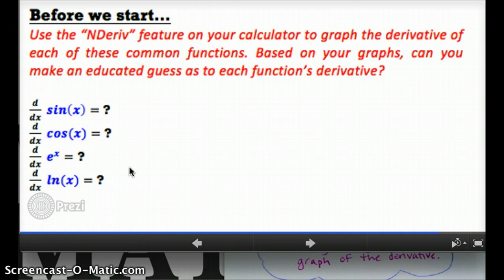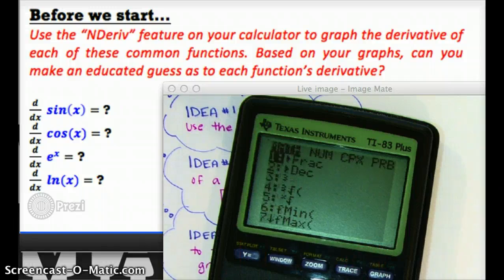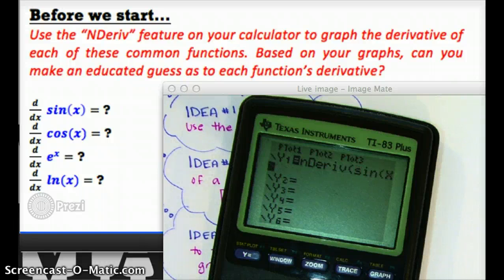So that last idea I had, the n-deriv feature, I want you to use that right now. Take out your calculator and use the n-deriv function to graph the derivative of the sine function. What that looks like is you go to y equals, you'll type in math h, which is n-deriv, then you're going to put the sine function in there, so sine of x, and then comma x, and comma x one more time.